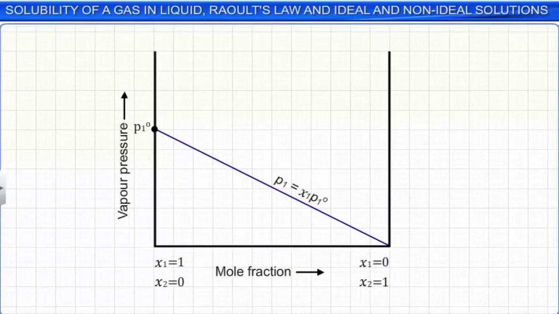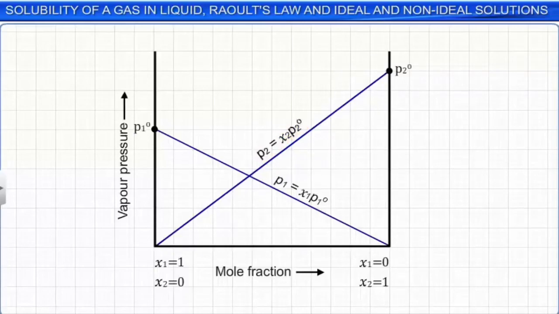As you can see in the graph, when the mole fraction of first component becomes 1, the partial pressure of component 1 is the vapor pressure of the pure component 1. Similarly, a plot for the component 2 corresponding to the equation P2 equal to x2 P2 naught on the same set of axes is represented as shown here.